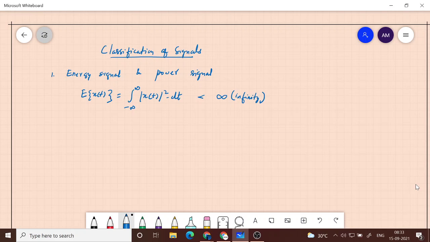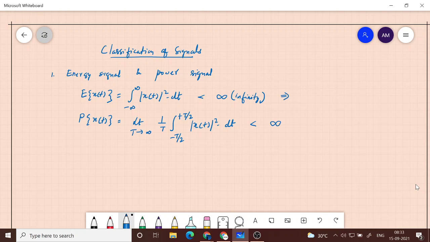But if this turns out to be infinity, then you can go and evaluate the power of the signal, which is limit T tends to infinity, 1 by T, integral from minus T by 2 to plus T by 2 of modulus of x of t whole square dt. And if this turns out to be less than infinity, then we call it a power signal.